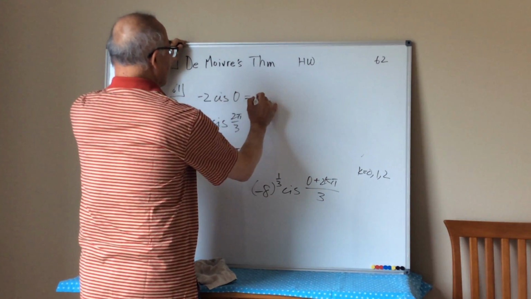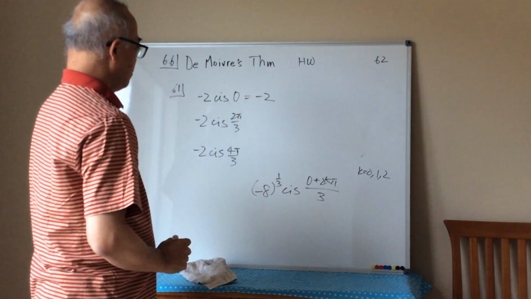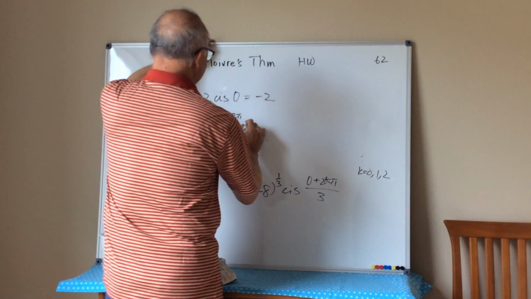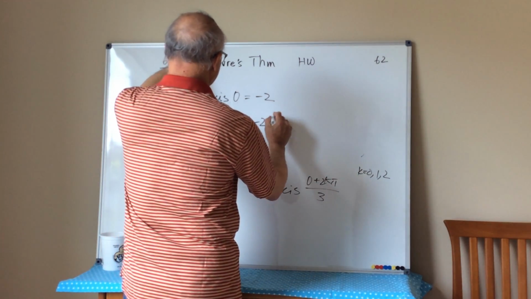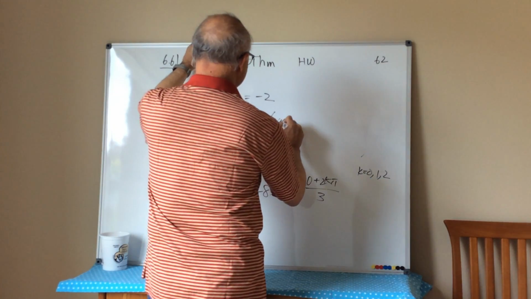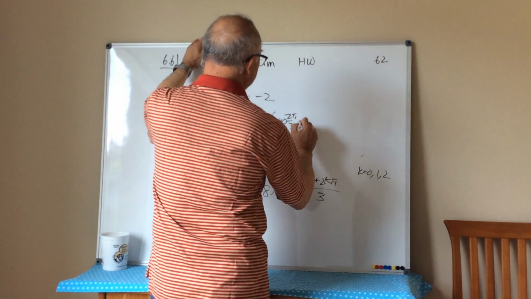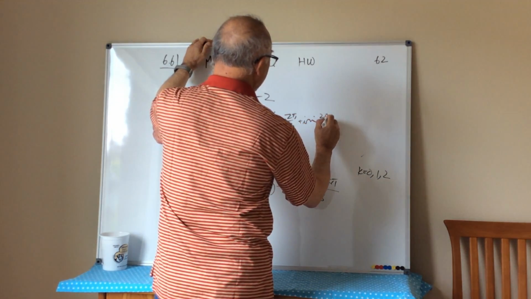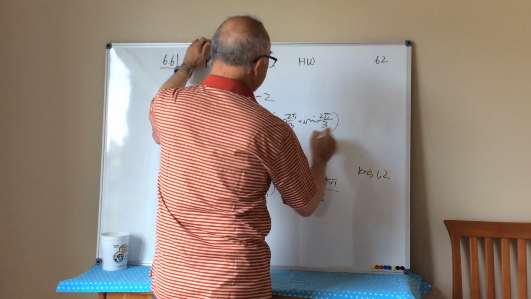This first one here is negative 2. This second one is negative 2 cosine 2 pi over 3 plus i sine 2 pi over 3.